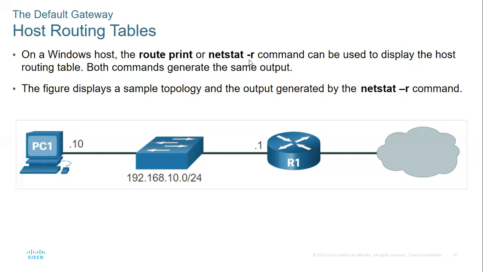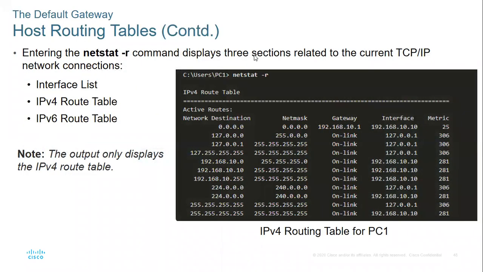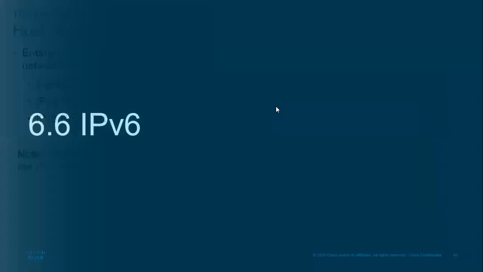Very, very important that you know these commands, okay. So this is the table that you can see on your laptop, okay. You just have to type in that command there, okay.